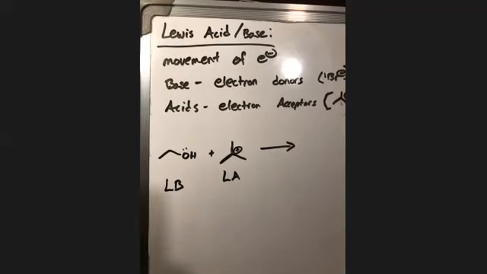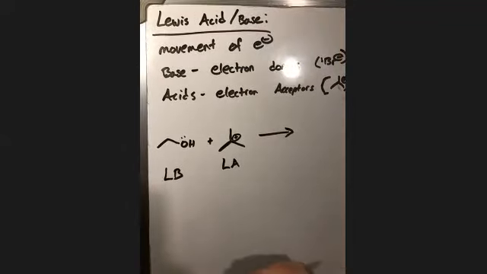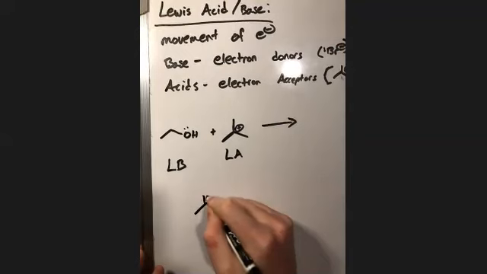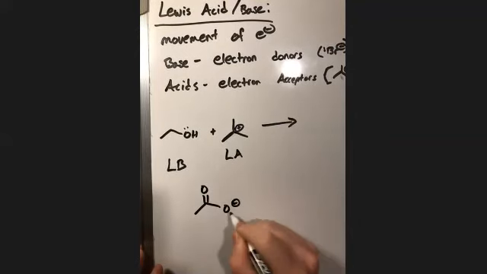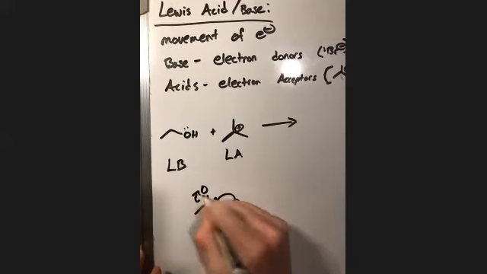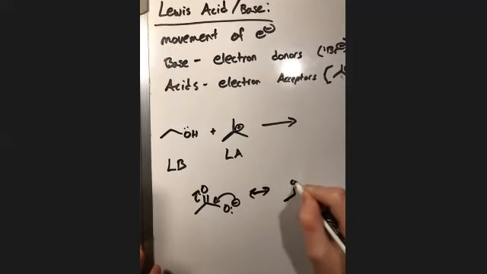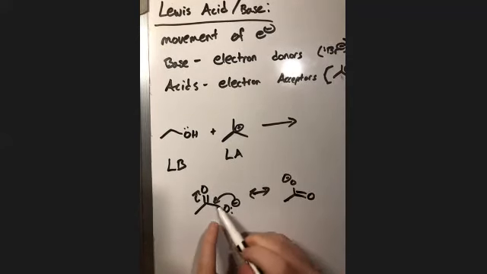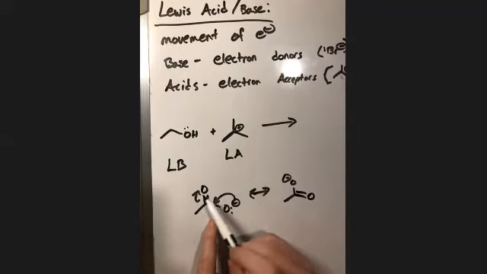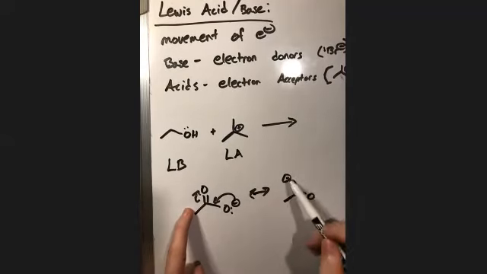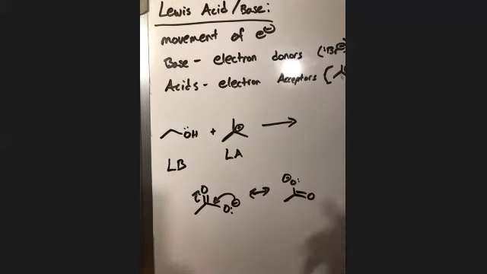Now this is the most important part of Lewis acid and Lewis bases, and why I decided to go with it first: in chemistry, and organic specifically, you want to explain how electrons move to create a new bond. So just like in resonance structures, where we show that this lone pair, this negative charge moves here and moves here, and then you create this new molecule, which is really just the same, but you've shown that this lone pair has moved here to create this bond, and then this bond breaks to put the lone pair on the oxygen that makes the negative charge.